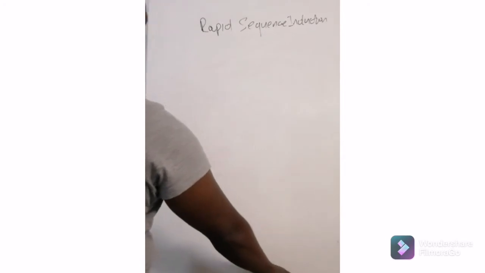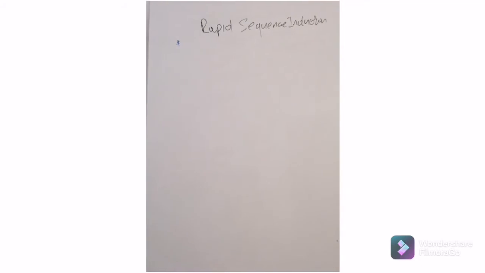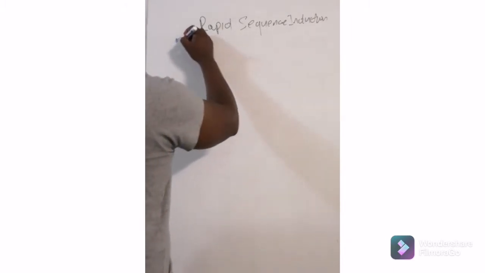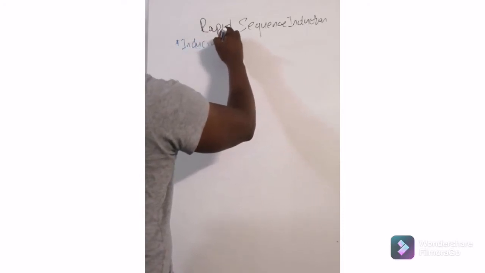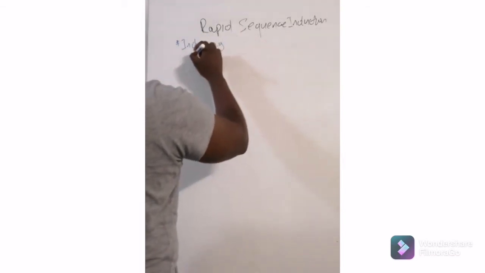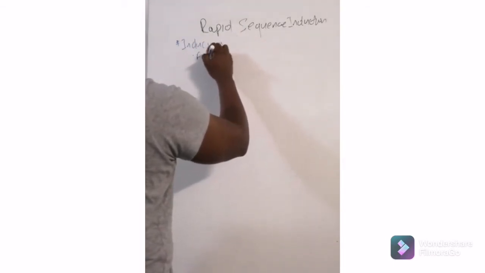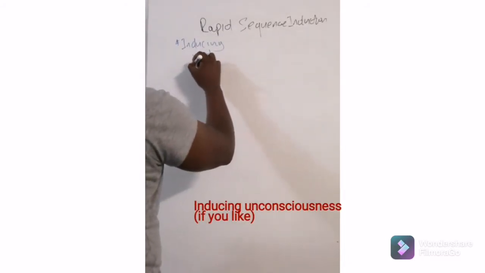So what is this all about? Rapid sequence induction is all about inducing anesthesia as fast as possible and protecting the airway in the process.